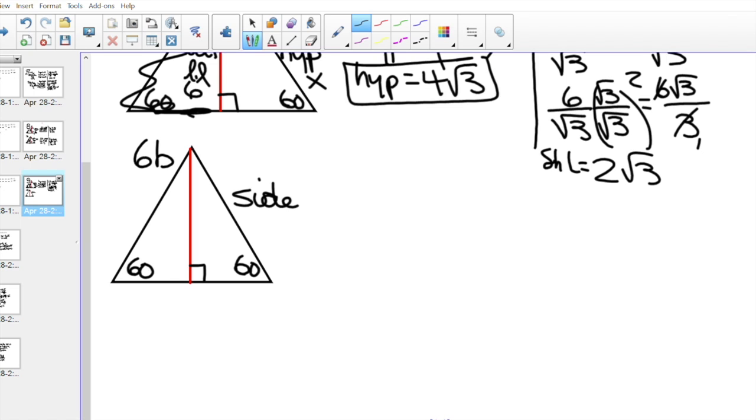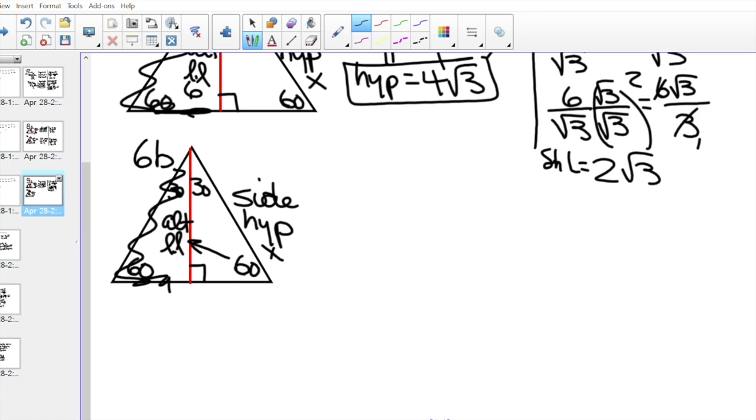Because they're equilateral, all the angles are the same, and that is 60. But the altitude divides the 60 into 30s. Now this is called the altitude. Well, we're talking about the right triangle, so he's going to be called the longer leg because he's opposite to 60 degrees. And then the side is the hypotenuse. Now, it says on 6b, find the side. That means find x.